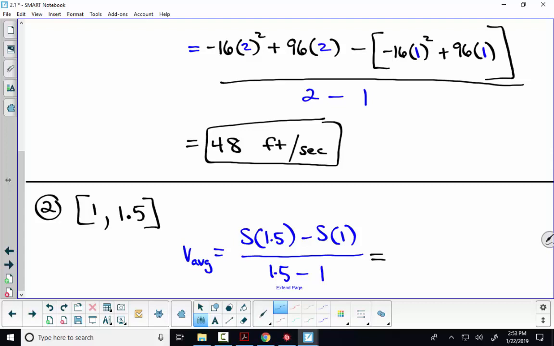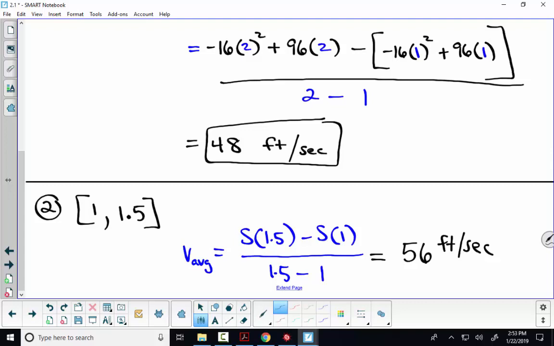56 feet per second. Correct. Anybody else get 56? You should get 56. Hopefully y'all are okay with the computations.